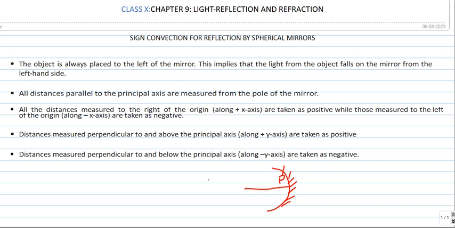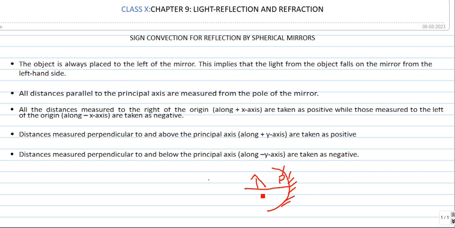The first one says the object is always placed to the left of the mirror. So say we place an object here. What happens? We have to measure the distance from this point, the pole P which we have taken to be the origin.